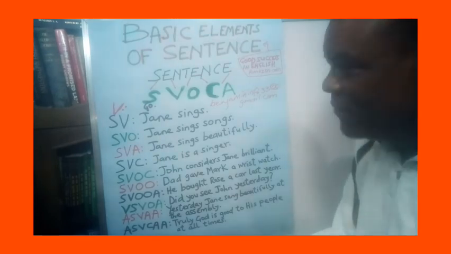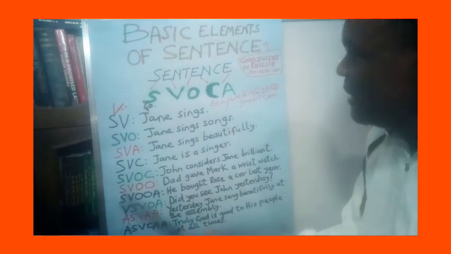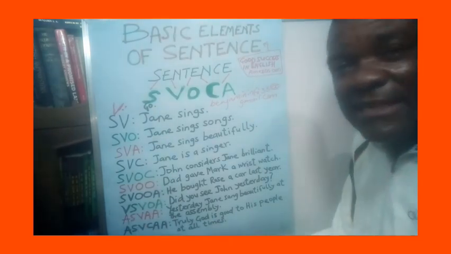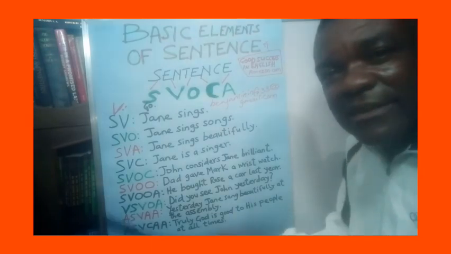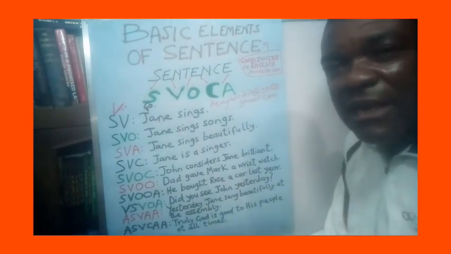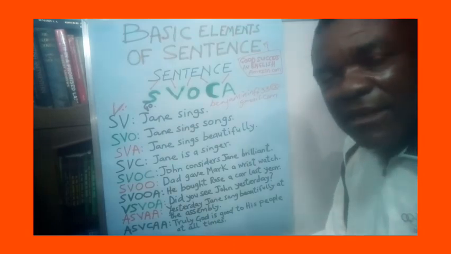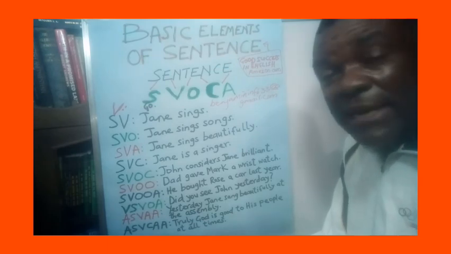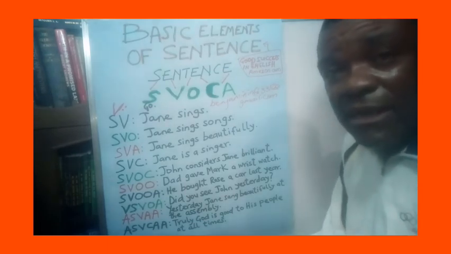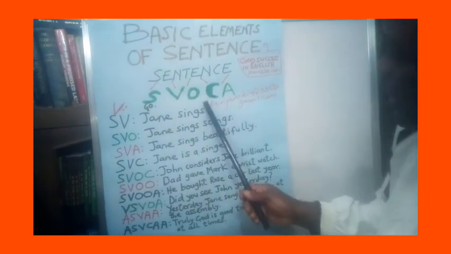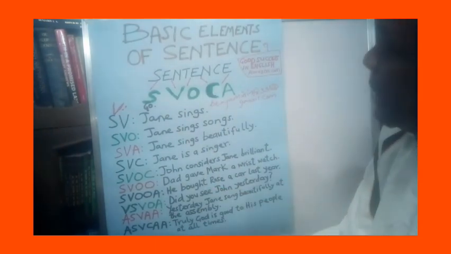As I said before, being knowledgeable about the basic elements of sentence, and in fact the entire sentence structure, will increase your ability to use the English language creatively, in line with the theory propagated by Noam Chomsky, the creative aspect of language.